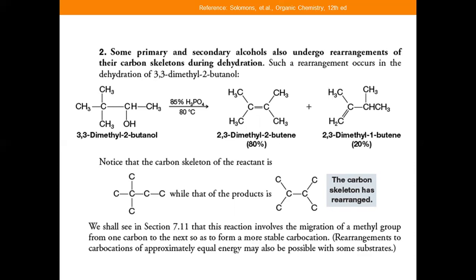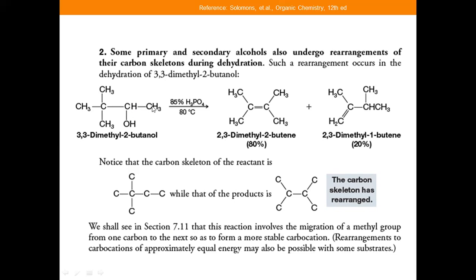Let's see, for example, you have here your alcohol, a secondary alcohol. We use a milder reagent, like 85% phosphoric acid and 80 degrees Celsius. This is your alpha carbon, where you have your leaving group.